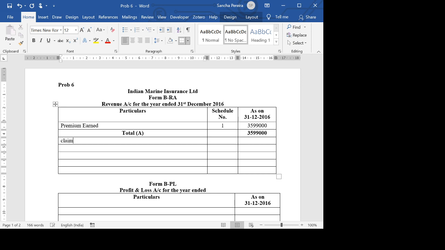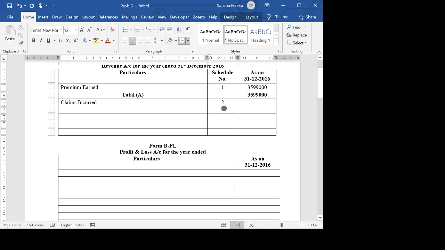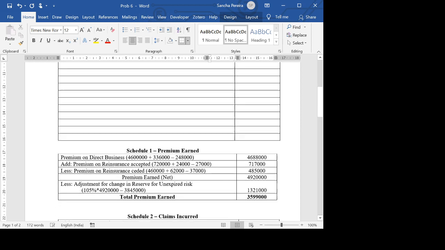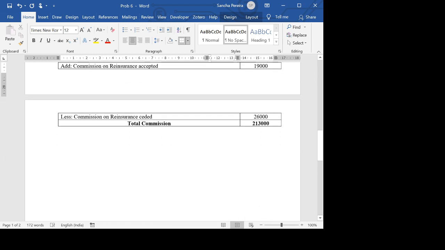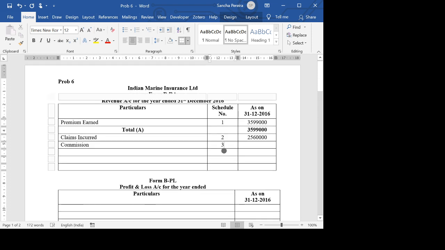Okay. Then we move on to claims incurred, which is Schedule 2, and the total claims are 25,60,000. Then we have commission, Schedule 3, 2,13,000.